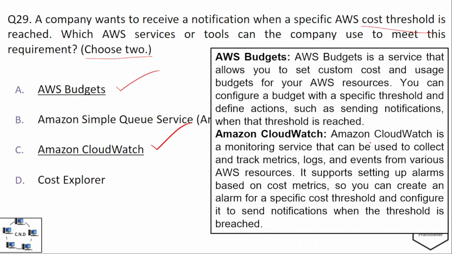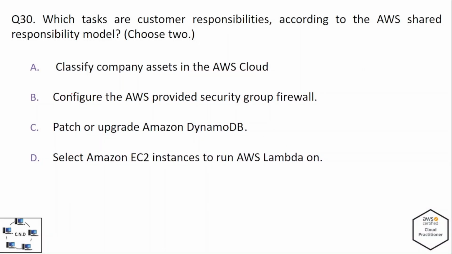While Amazon CloudWatch is a monitoring service that can be used to collect and track metrics, logs, and events from various AWS resources. It supports setting up alarms based on cost metrics, so you can create an alarm for a specific cost threshold and configure it to send a notification when the threshold is breached.